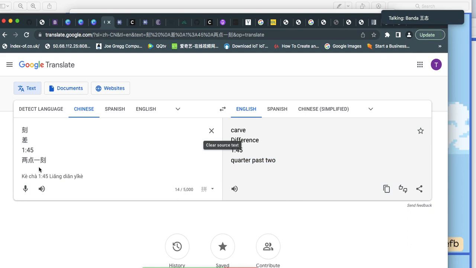But then, when we are saying it's 1:45, then we would incorporate the word for difference, which is cha. So we would say 2 hours short of 1/4. Okay, you want to try how will that sound? Yeah, the final phrase for that one. 2点差1刻. Yes, very good.